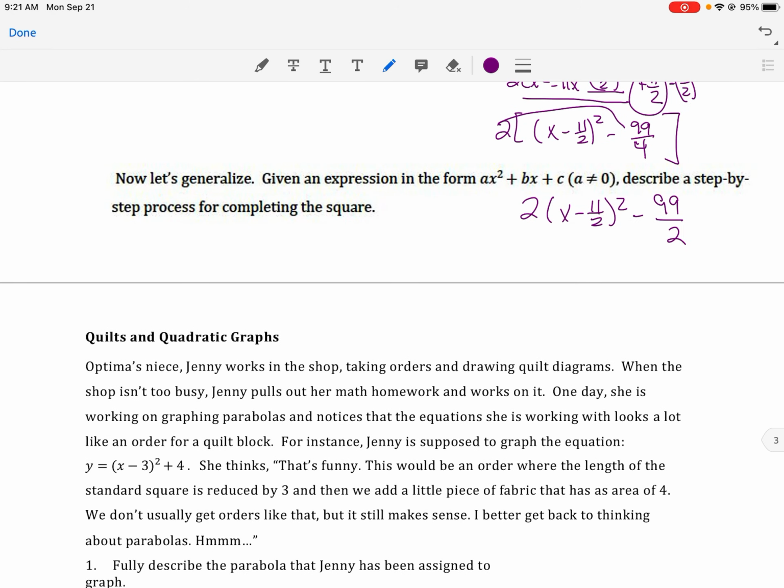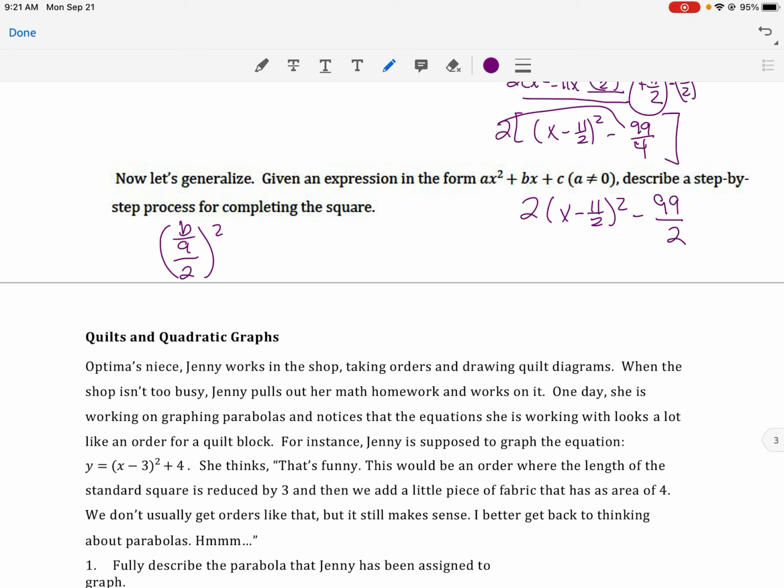So in generalization, if you have ax squared plus bx plus c, where a does not equal 0, factor out the a. So the term that we finished doing is really going to be b divided by a, then that divided by 2 and squared is what we're adding in to complete the square.